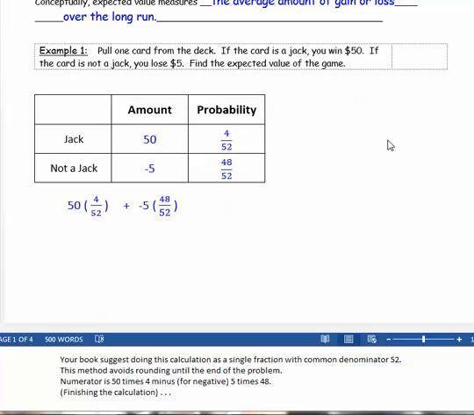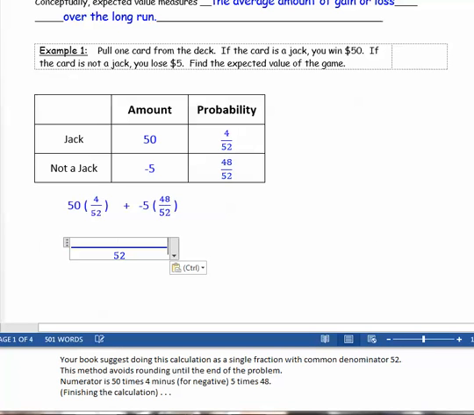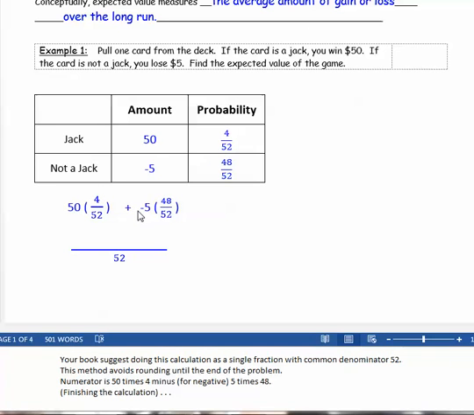Your book suggests doing this calculation as a single fraction with common denominator 52. This method avoids rounding until the end of the problem. The numerator is 50 times 4 minus 5 times 48.